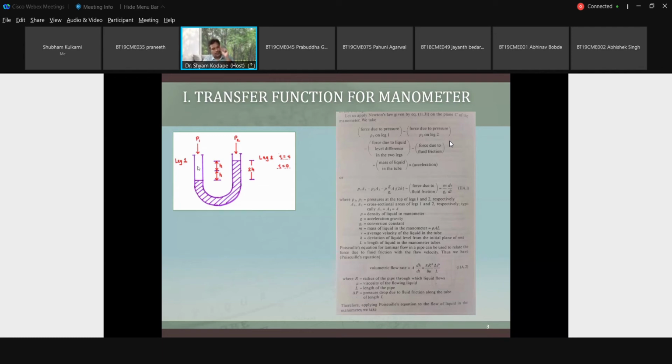Forces in the direction of the motion of the liquid we will consider positive, and forces opposing, in the opposite direction of the motion of the liquid, we will treat as negative. This is a very clear-cut system where we can implement the force equals m a equation.